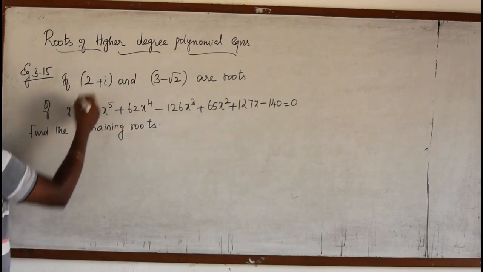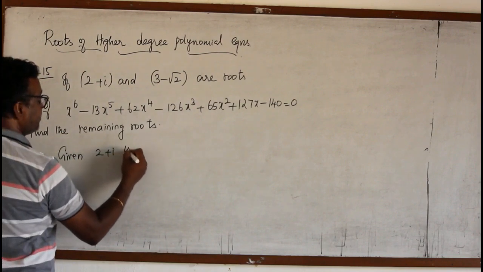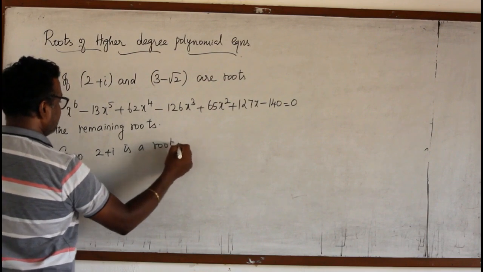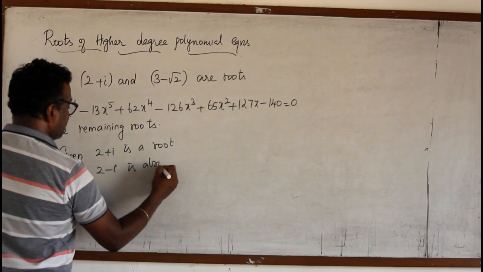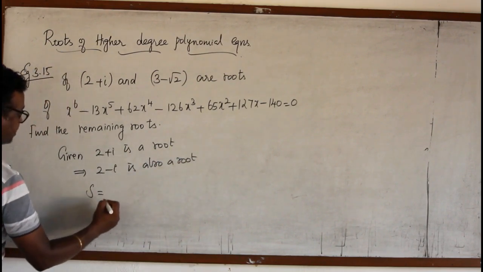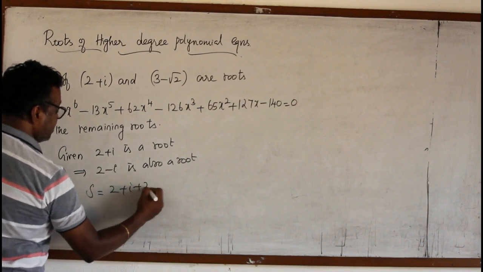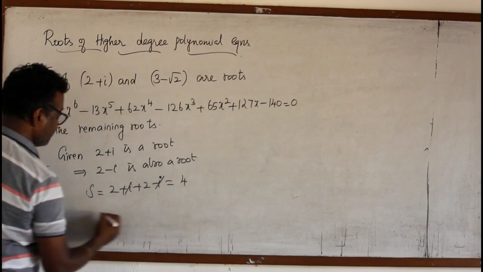So, first let me take the given 2 plus i as a root. Then this implies 2 minus i is also a root. So, we shall find the sum of these two. Sum is 2 plus i plus 2 minus i; i and i cancel, it is 4.